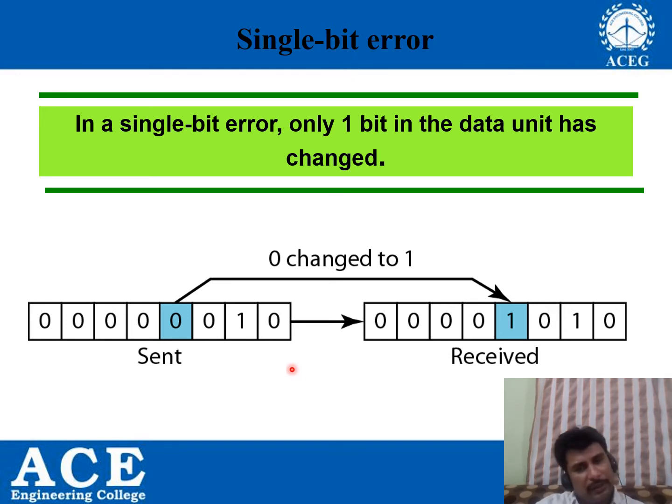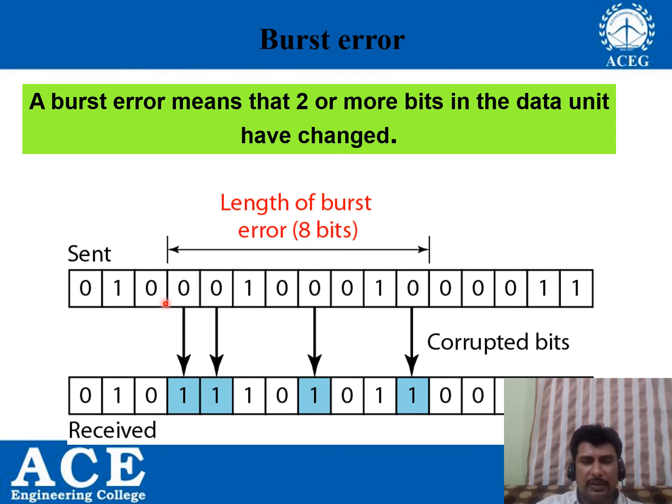There may be another scenario where the 1 will be changed to 0. So if only one bit got changed, we call it single bit error. As we said, if there is a change in more than one bit, so if the original data was 010, 100, 010, 00011, and here you find in the received bits a 0 got changed to 1, 0 got changed to 1, 0 got changed to 1.